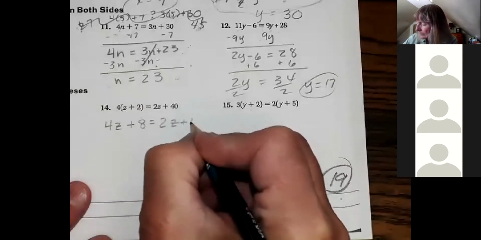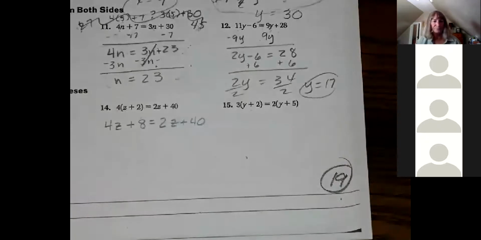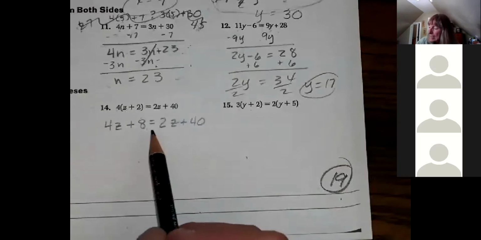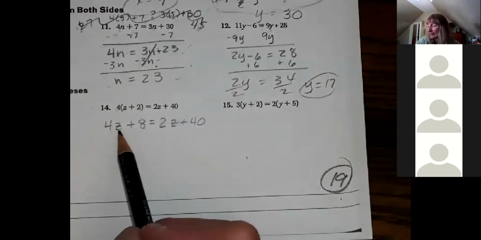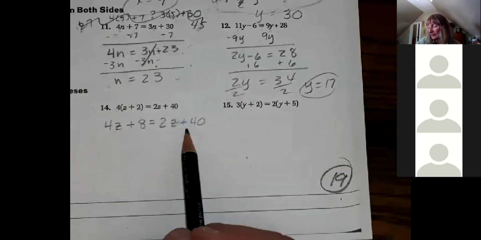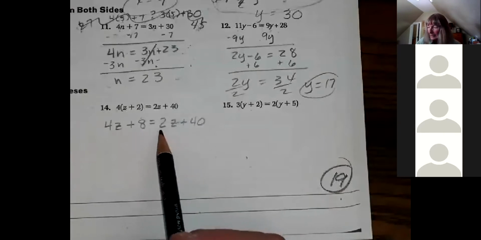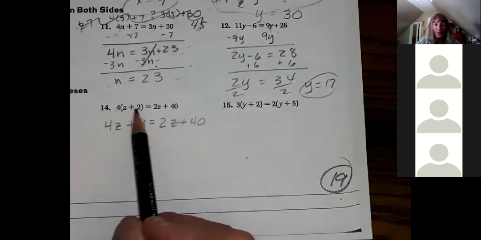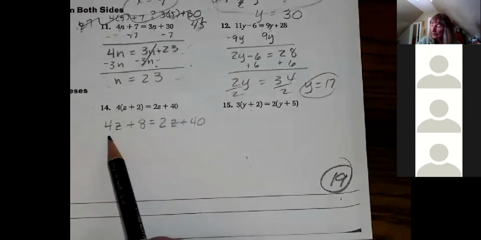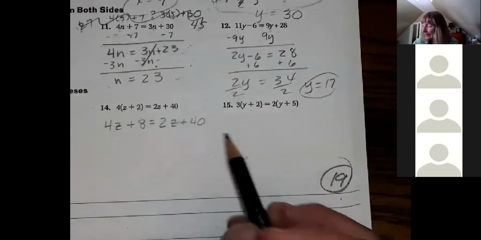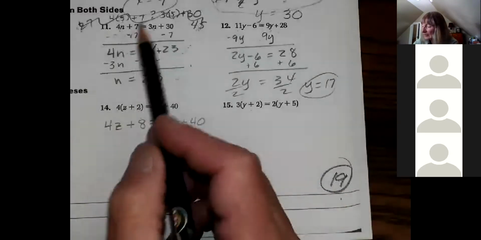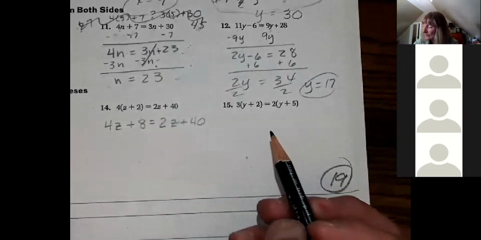Maybe not. This doesn't look a whole lot simpler yet, except that we did get rid of the parentheses. It really is simpler. And then we have a problem just like these other ones we've worked so far.